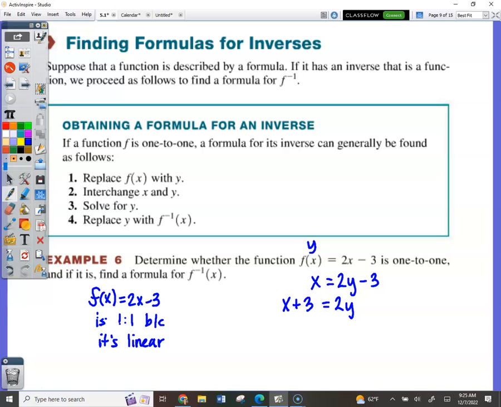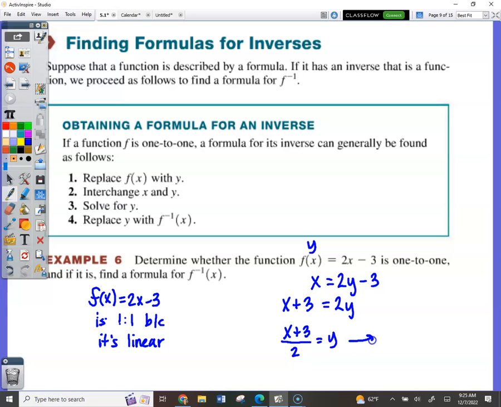I'm looking at my notes. Yeah, this is homework example number 8. They just wrote the whole thing over 2. So this would be x plus 3 all over 2 equals y. Now, that's the answer, but technically they want you to actually go back and now replace the y with the function notation for its inverse.